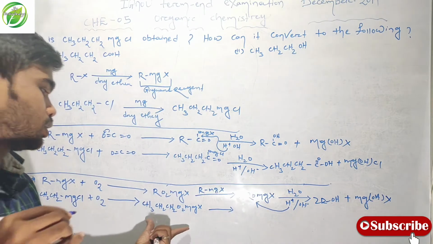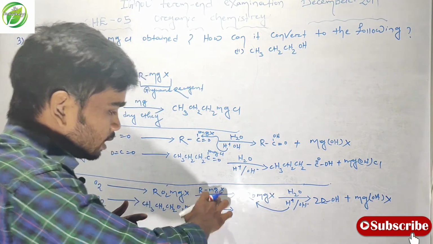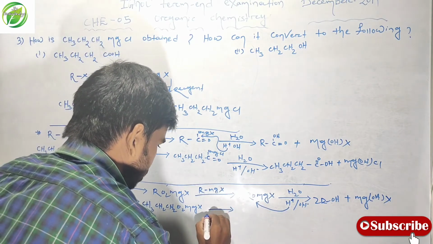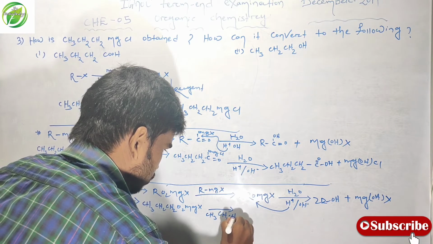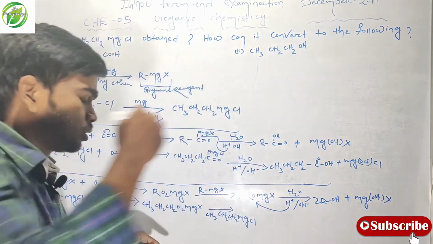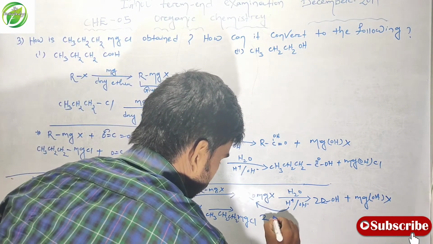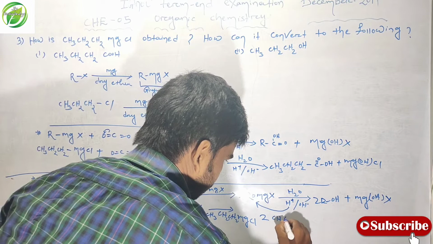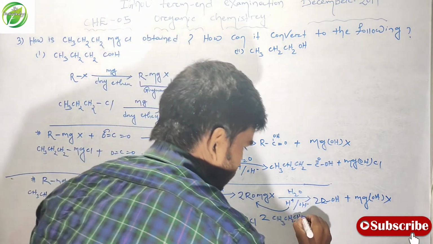When this Grignard reagent reacts with another Grignard reagent, that is CH3CH2CH2MgCl, the product is formed, that is 2 CH3CH2CH2OMgCl.